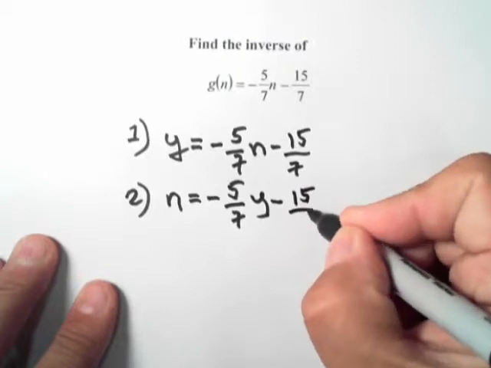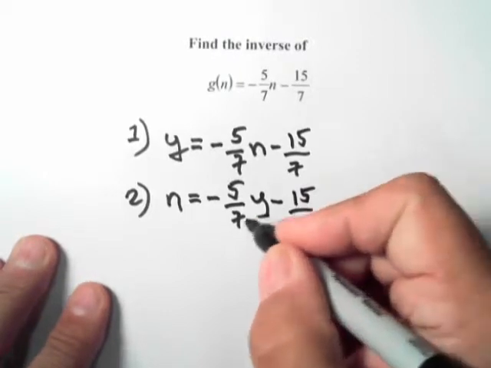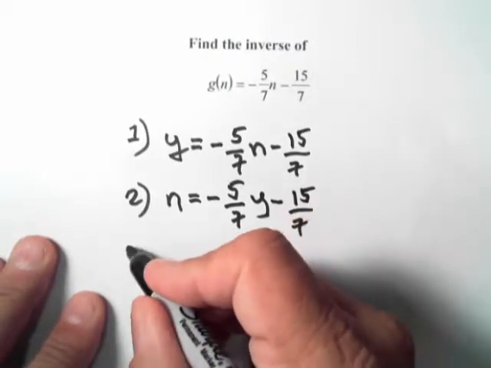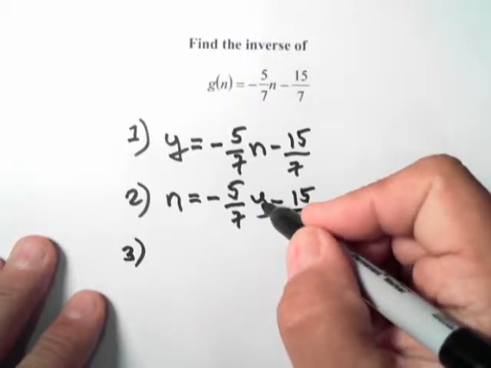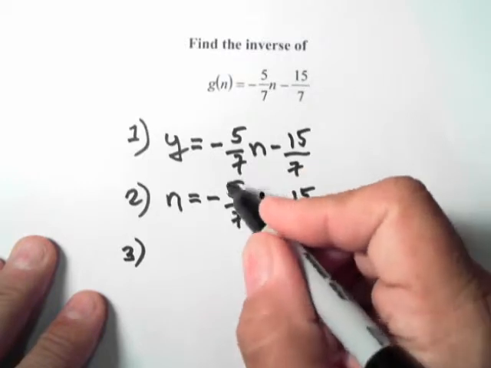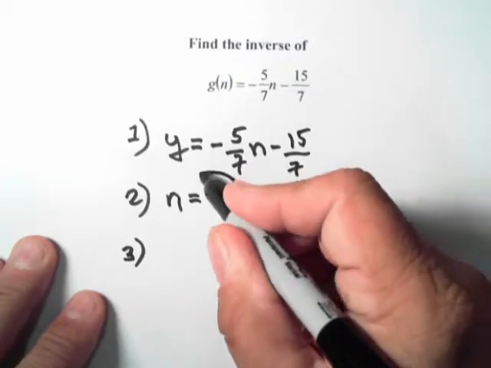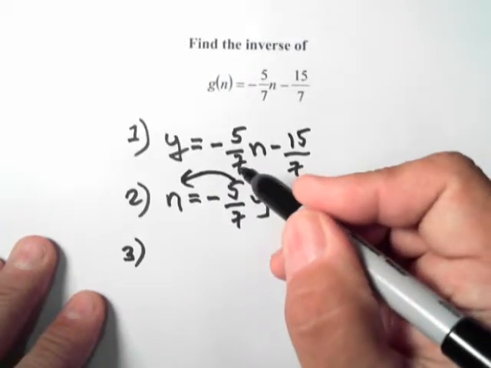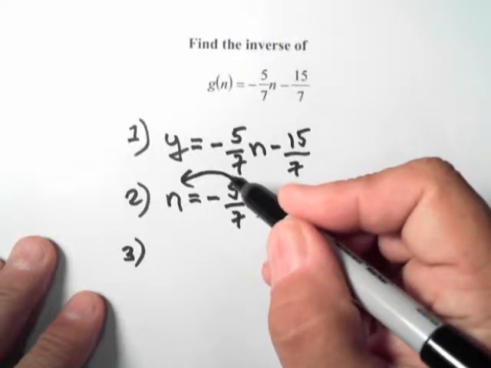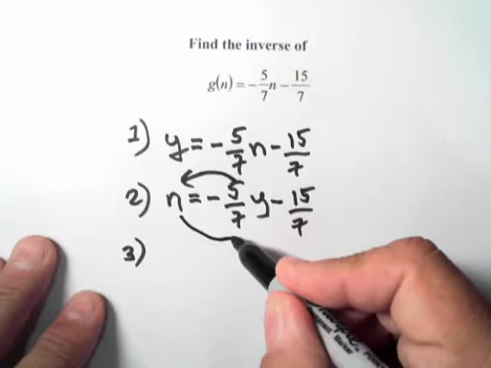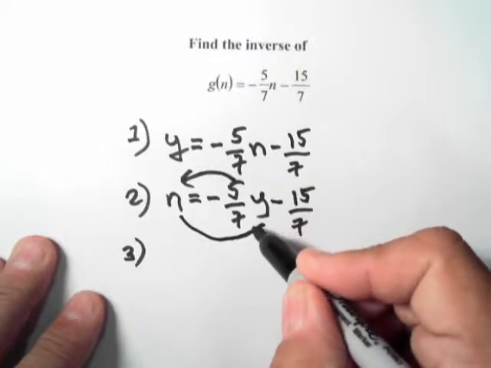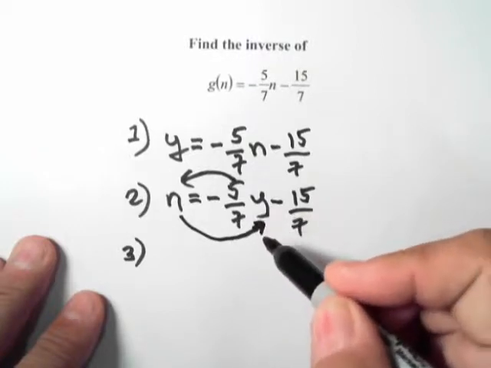Okay, here we go. Now, the third step on this is to go ahead and solve for y equals. So here's what I'm going to do. I'm going to jump the term with y in it over to the right, and then this term with n will move over to the other side here.